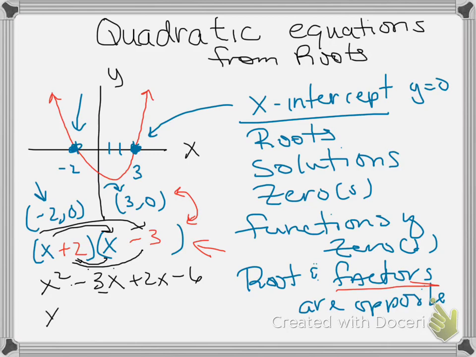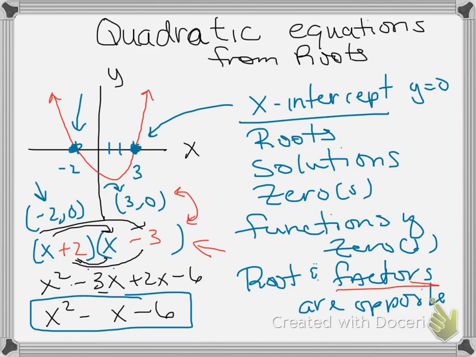So I'm going to say x squared, and -3 plus 2 is -1x, minus 6. We usually just say minus x when it's -1. So this is my quadratic equation right here. I am done. If I put this in a calculator and graph it, my intercepts would be at -2 and 3.